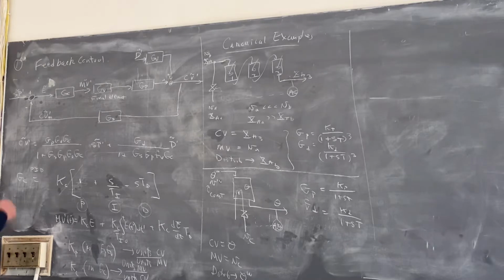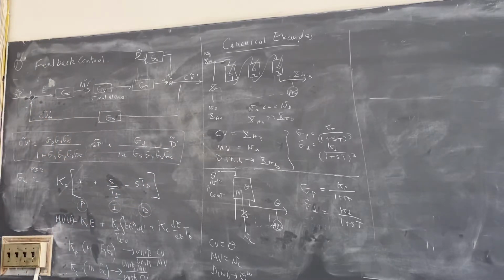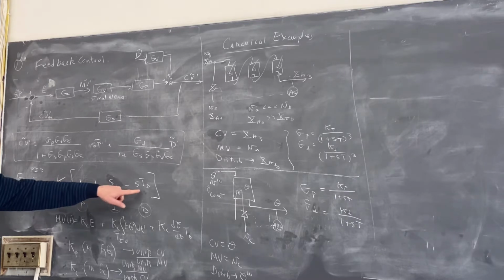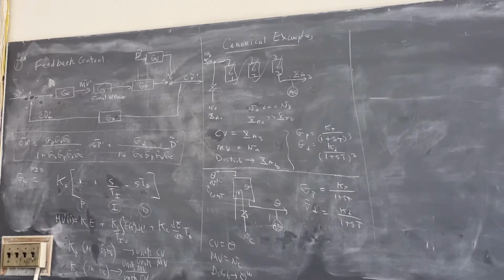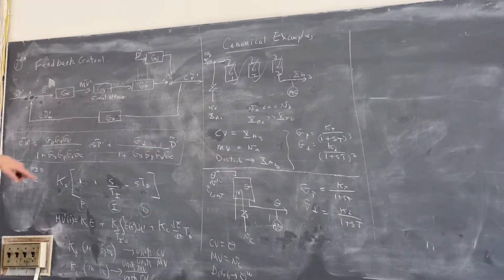What we've been doing is examining the performance of a controller that's just proportional, or just integral, or just differential, only one of these, for these two canonical examples in this control loop. In order to do that, I need to know all 4 of these G's.